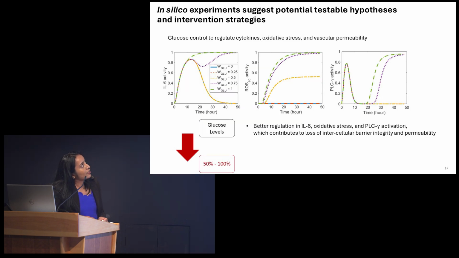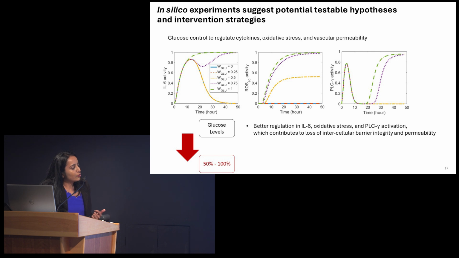The next in silico test that we did was controlling the strength of glucose. As it is a normalized Hill equation-based ODE model, the way we control our glucose levels is by changing the weight of glucose in the model. But based on real experiments, it would be controlling the glucose concentration from its maximum levels.